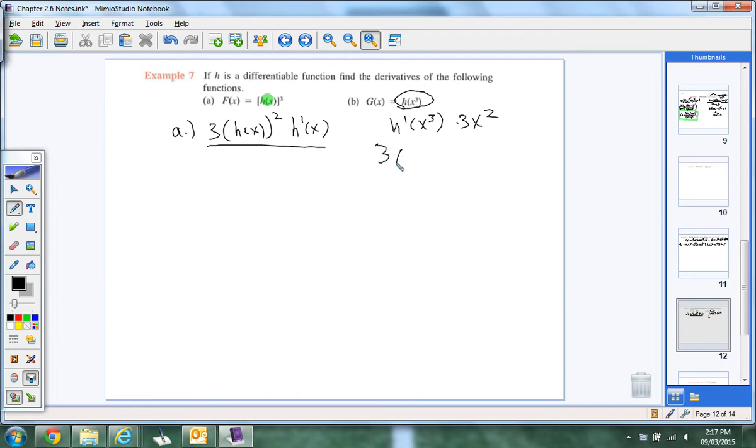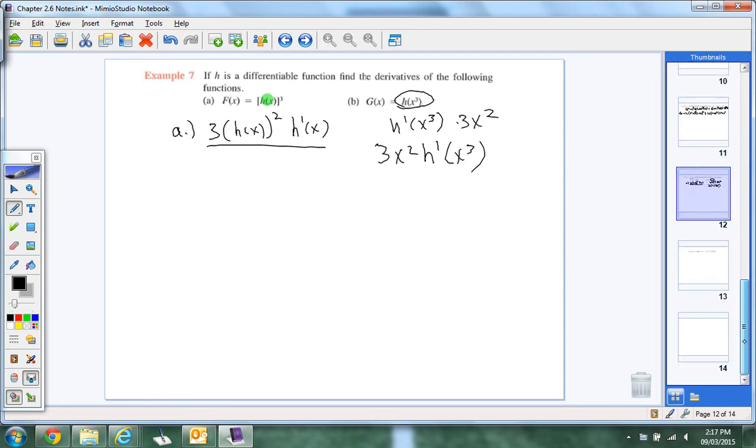Okay, and you can write that with the 3x squared in front, like so.